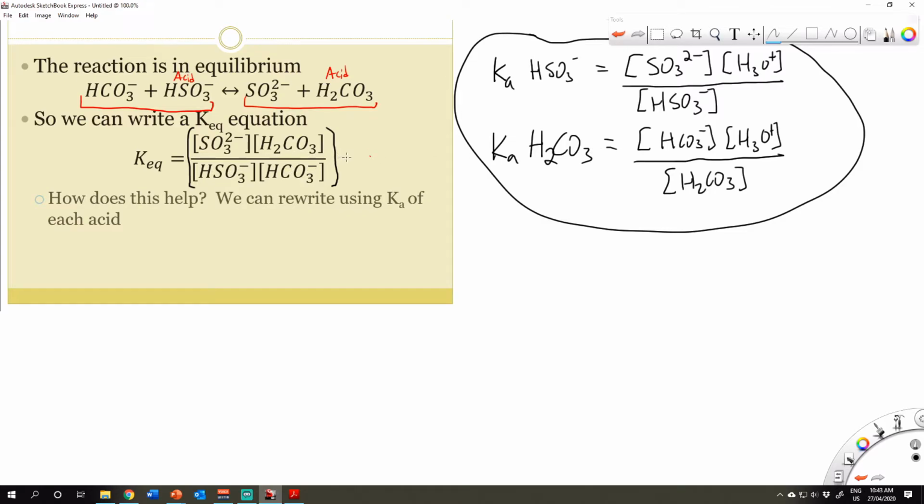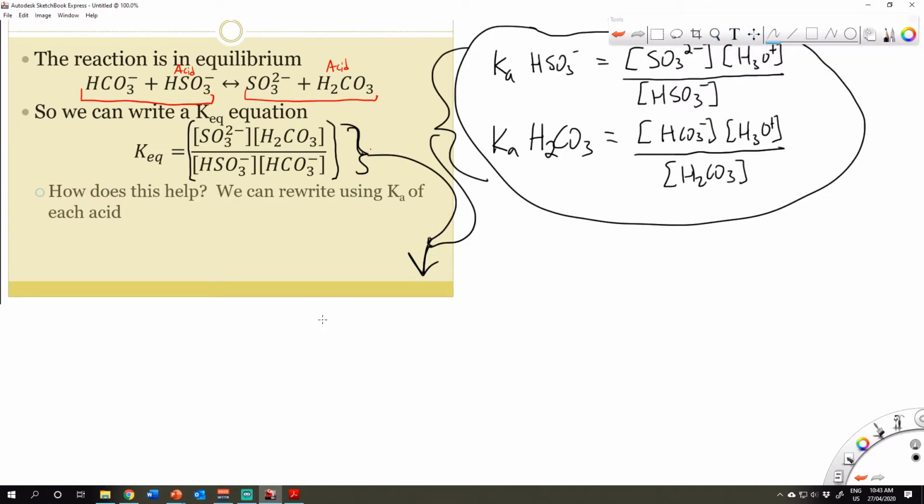How these equations relate is as follows. If I take the Ka of HSO3- and I divide it by the Ka of H2CO3, I get the following.